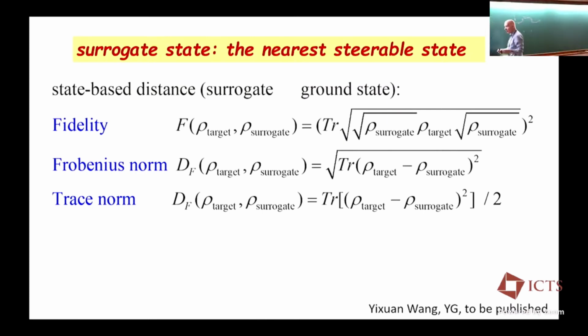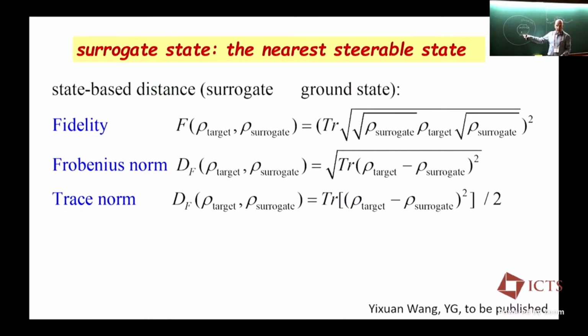I'm telling you now a story, but all this can be quantified in equations. So if this is my Hilbert space, and this is the unsteerable, and this is my state here, I will take a state here, which is steerable. Take a state here, which is closest to here, and we'll steer towards that. Now the question, what does it mean closest to that?